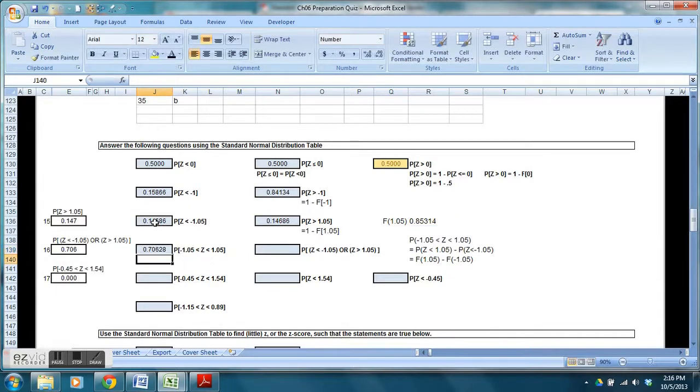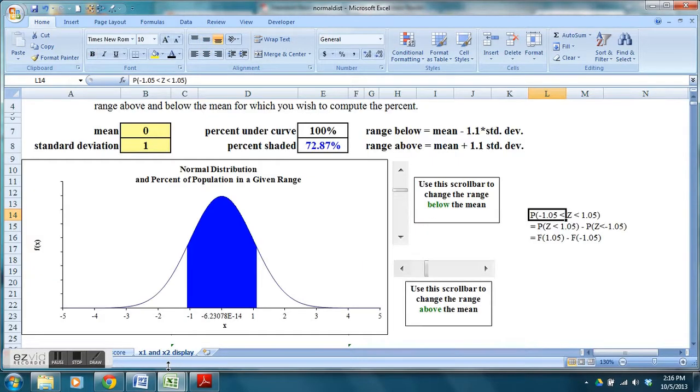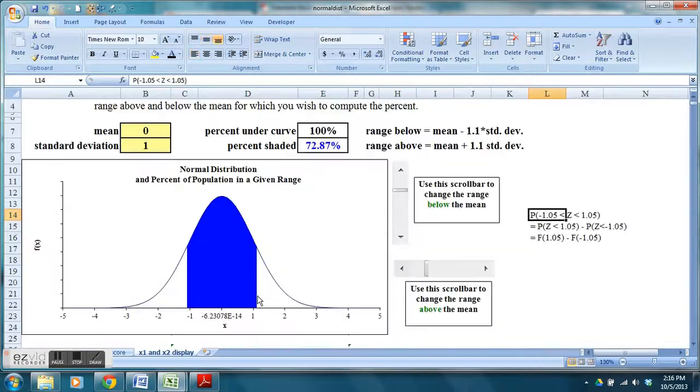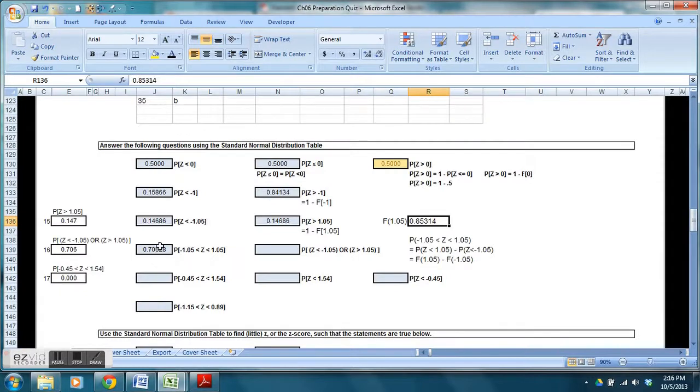There we go. Let me repeat that because I kind of stumbled. It is going to be the probability that z is less than 1.05, that's this guy, minus the probability that z is less than negative 1.05. That's this white tail we want to exclude, and that would be this guy.